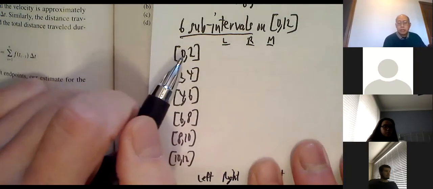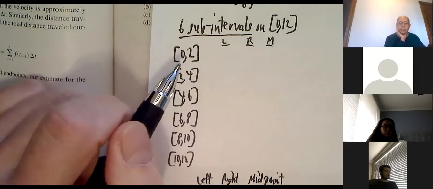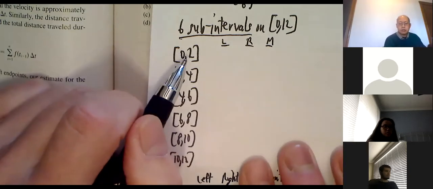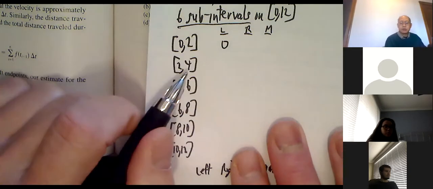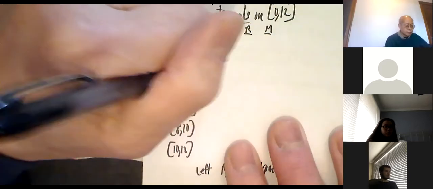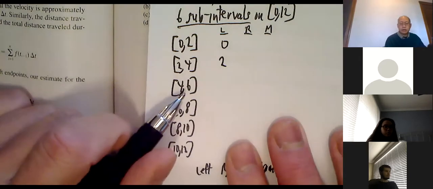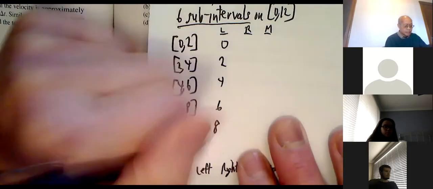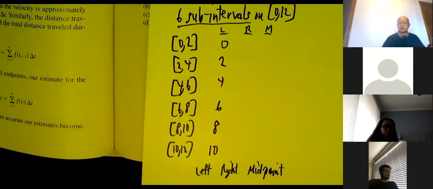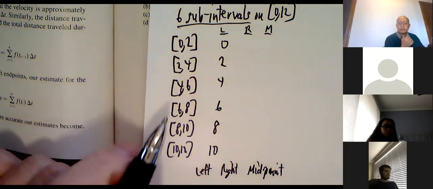Okay, so let's put down the left endpoint on each subinterval. So from 0 to 2, what's the left endpoint? 0. Between 2 and 4, what's the left endpoint? 2. Between 4 and 6, what's the left endpoint? 4 and 6 and 8 and 10. That's easy, right?